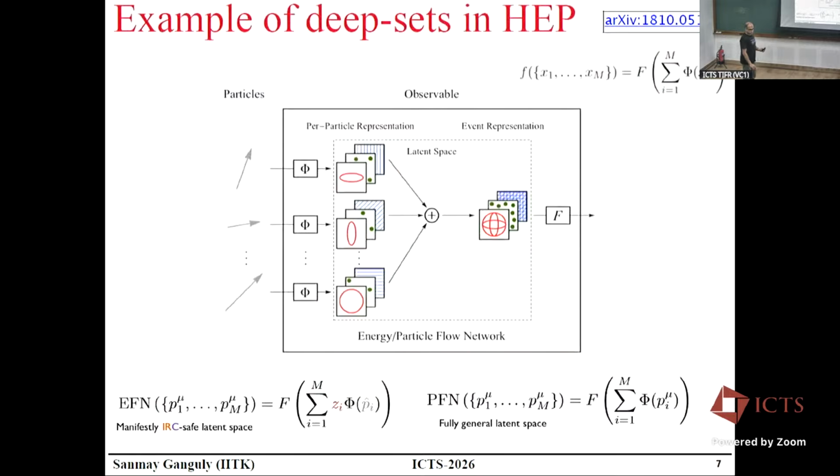And this turned out to be very useful. The first instance of how it was applied in the world of physics was on jets. This was proposed in 2018: if you construct a function where the z_i's are the energy fraction carried by each particle, then by construction this is IRC safe.